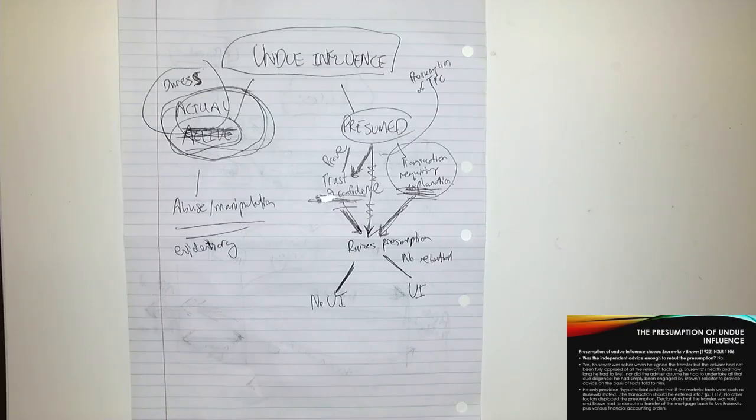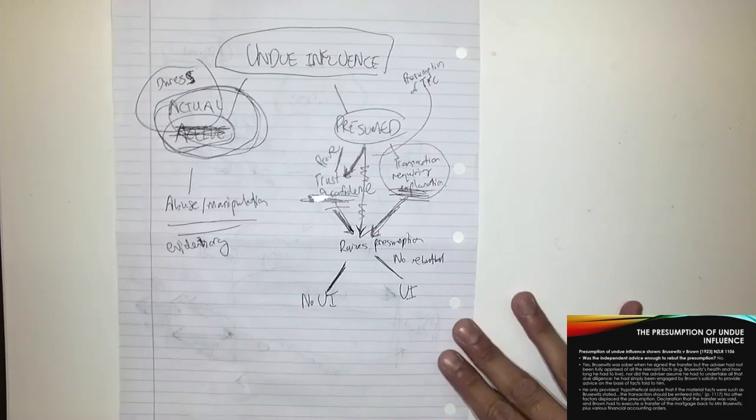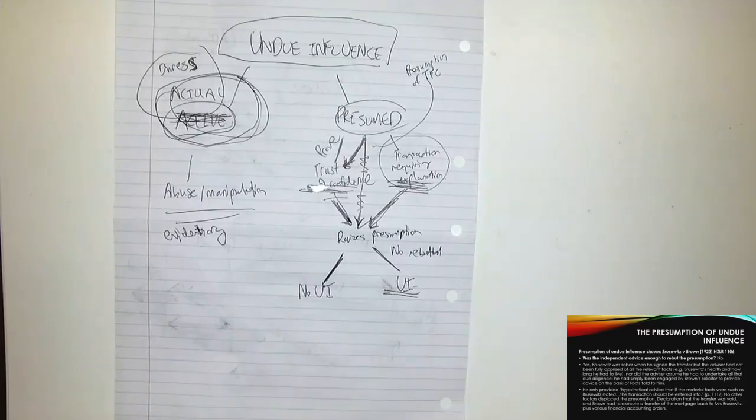And so the court says, you can't rebut the presumption, therefore the presumption is that the contract is procured by undue influence, therefore the transfer is declared void, and Mr. Brown has to execute a transfer of the mortgage back to the estate, Mrs. Brozovitz, and there's various financial accounting orders presumably to restore what had been unduly gained.